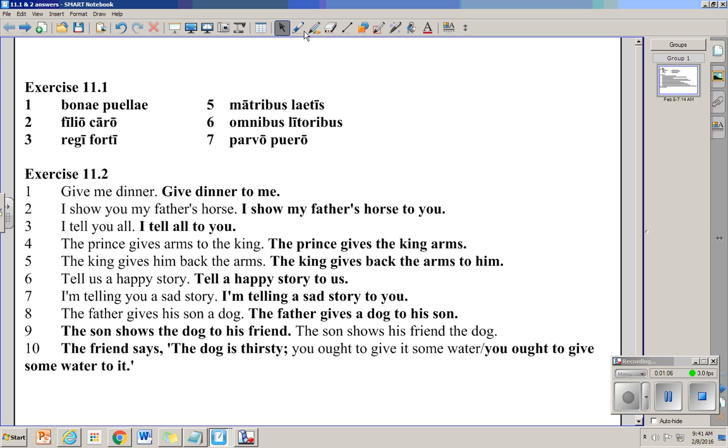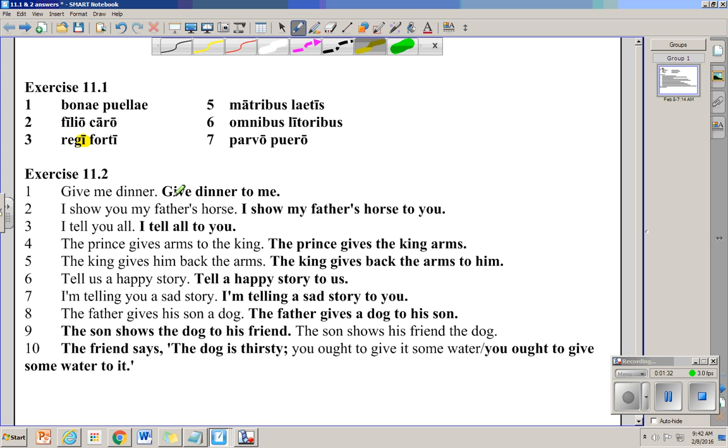For instance, number 3, make sure you saw that rex was third declension and that the stem changed. Rex regis, therefore dative regi. And of course ask me if any of these answers don't make sense, or if you have any questions.